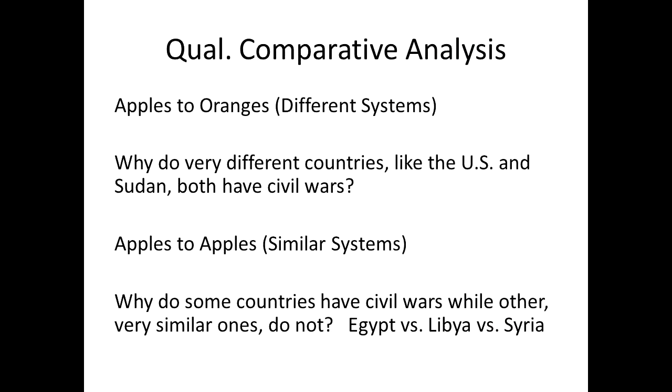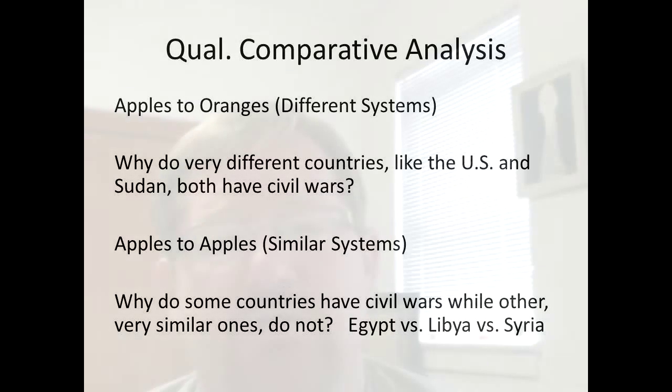Another thing that I could do is have a similar systems or an apples to apples comparison. So instead of comparing countries like the Sudan and the US, maybe I should compare countries like Egypt, Libya, and Syria. In two of these countries, Libya and Syria, you had a civil war that resulted in the overthrow of the government, but in Egypt you didn't. And this could be surprising. All three of these countries are in similar parts of the world.